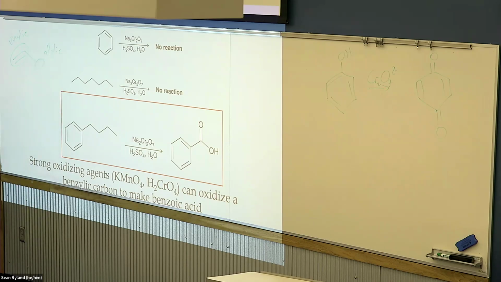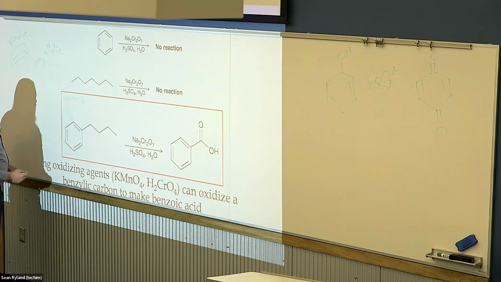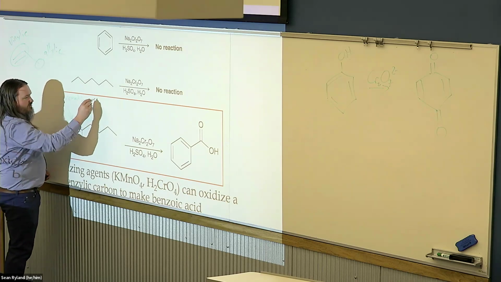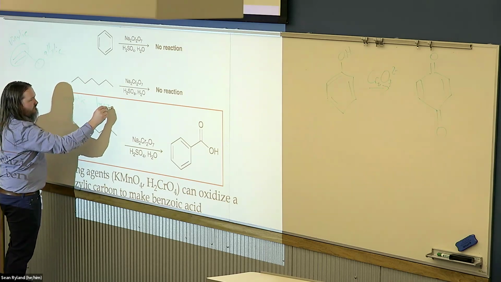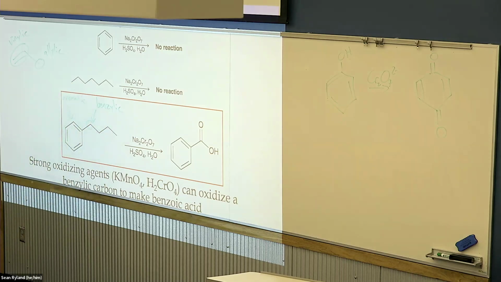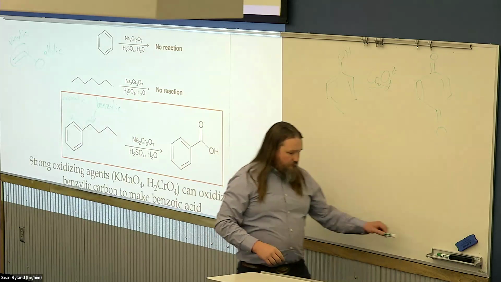These are aromatic or phenyl, and that carbon is benzylic. Does the benzylic carbon here need to be sp3 for this reaction to happen? It needs to have a hydrogen. Okay. So that's the next qualification.